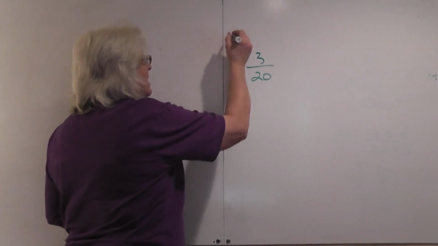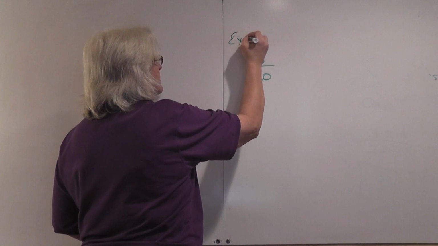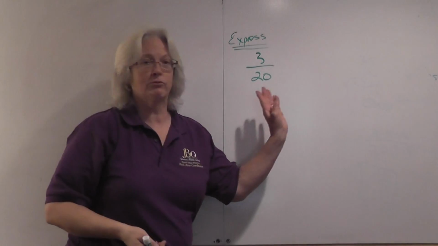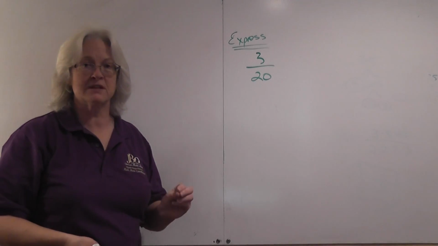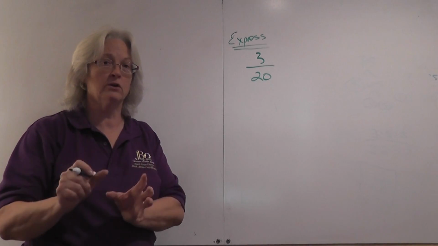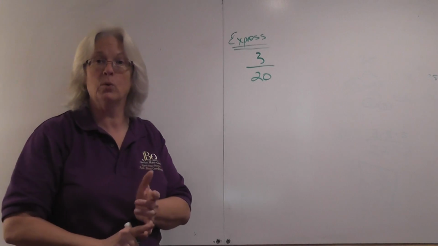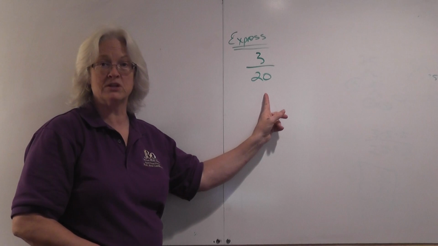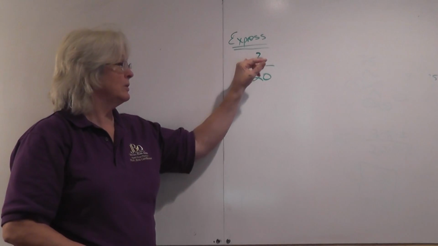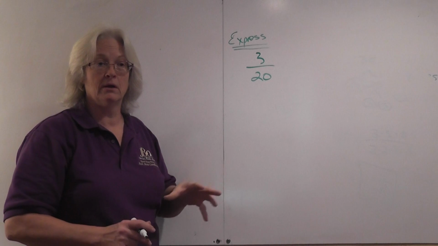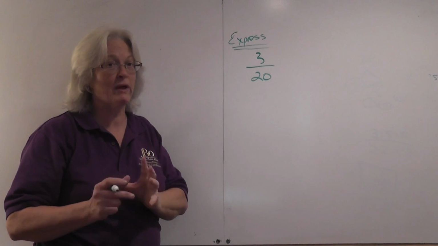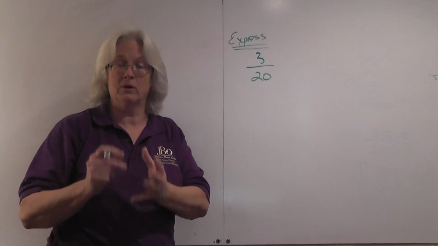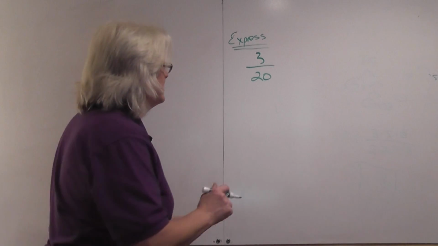Here's your problem. And it says, express 3/20 as a percentage, and then they tell you how they want you to do it, by writing an equivalent fraction over 100. We know that we have to turn this into a percent. Okay? We know that a way to write percent is as long as the denominator is 100, whatever the numerator is, that represents how many percent.